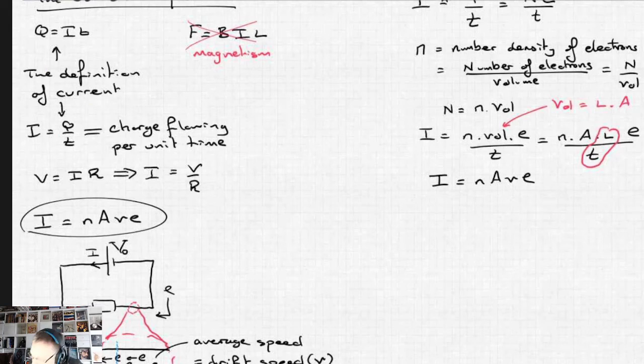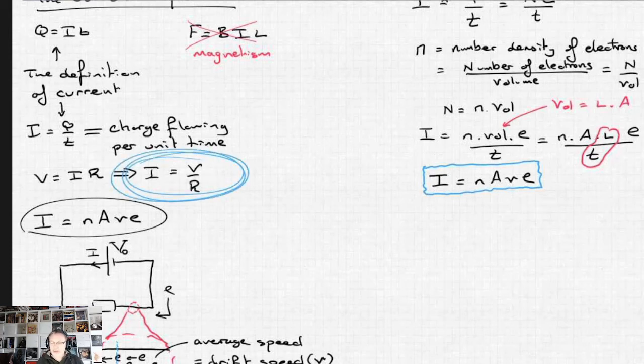The importance of this equation is it tells us what is happening inside the material when the current changes. So if, for example, someone were to say, okay, the current has increased. Why? Now, the simple answer might be, from just looking at V equals IR, the current has increased because either the voltage has increased, which is the driving force, or you can consider it to be the driving force.